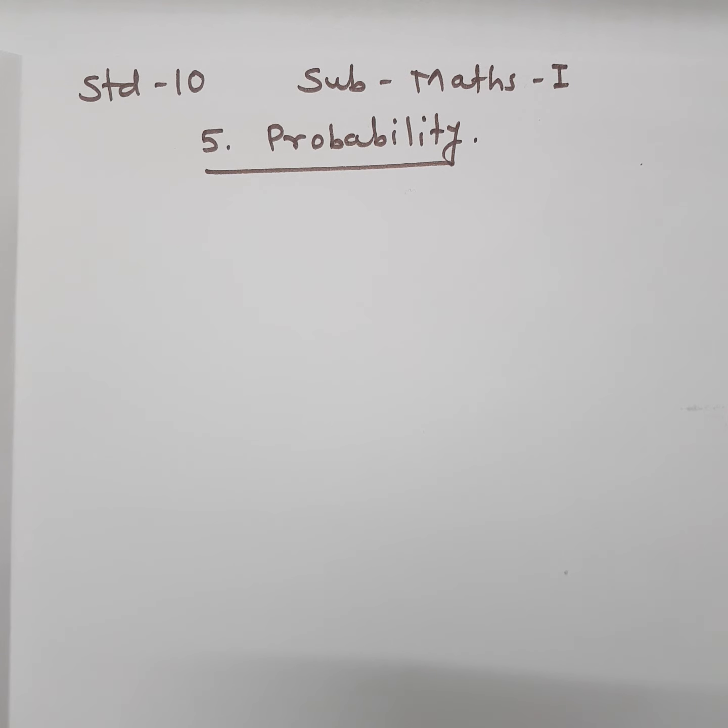Some random experiments were given. From these random experiments, some events and the number of elements in those events were given, and we had to write the probability of that event by using the formula.